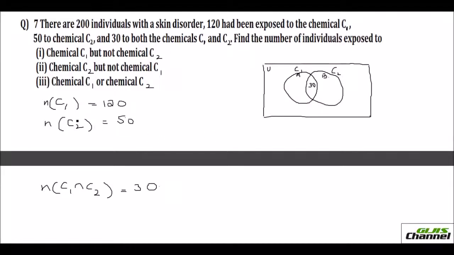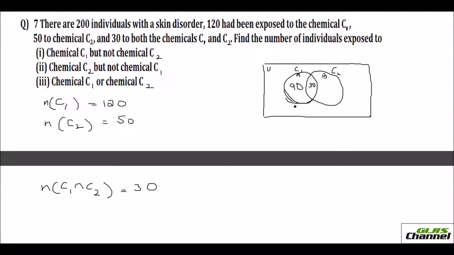Now, they say people exposed to the chemical C1 is 120. So, on the whole, C1 is this complete circle. The people inside this circle is 120. You have already written 30 here because that also belongs to C1. So, the rest of the people, let us write it here.